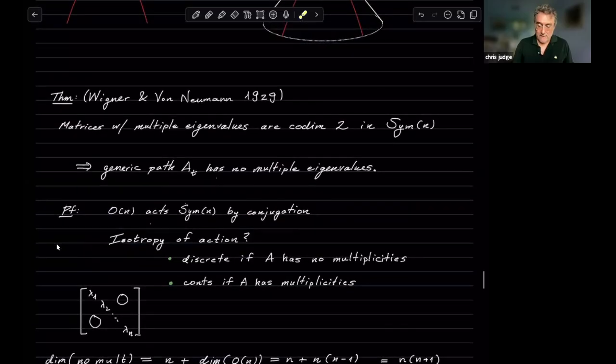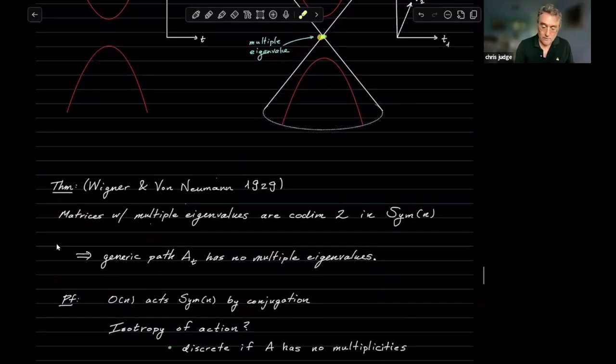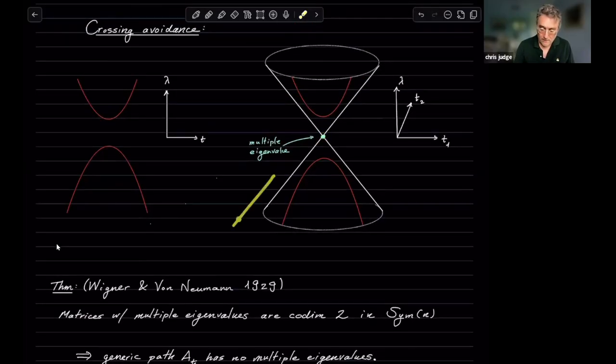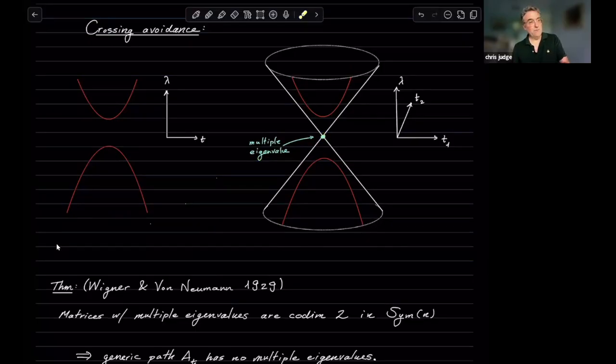And so that's why, when I look in a particular plane in my set of symmetric matrices and look at the eigenvalues, I'm not going to usually see multiple eigenvalues occurring along a curve.